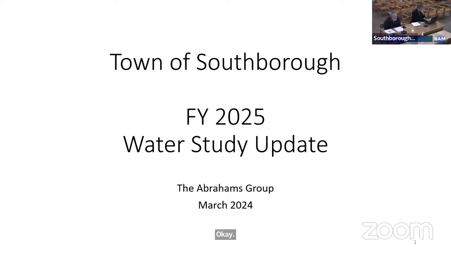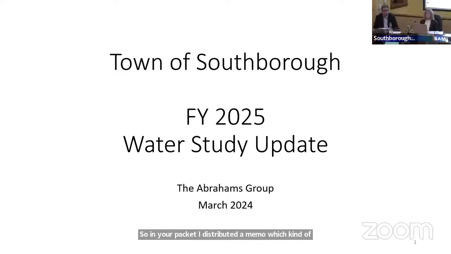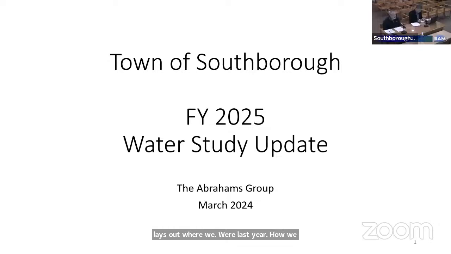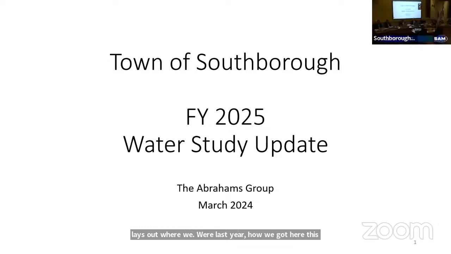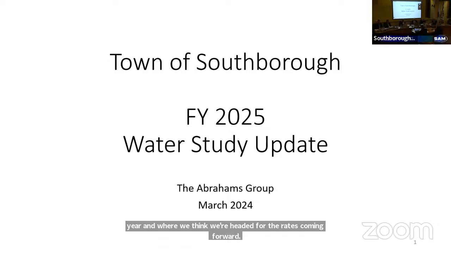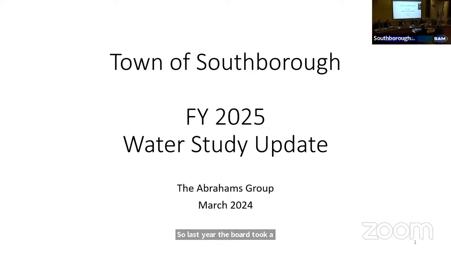So in your packet, I distributed a memo which lays out where we were last year, how we got here this year, and where we think we're headed for the rates coming forward. Last year, the board took a new approach on calculating the fees.